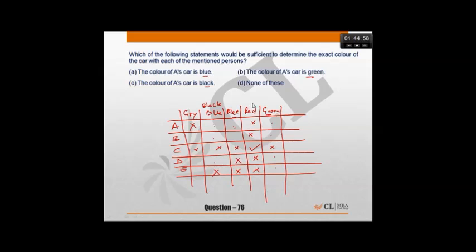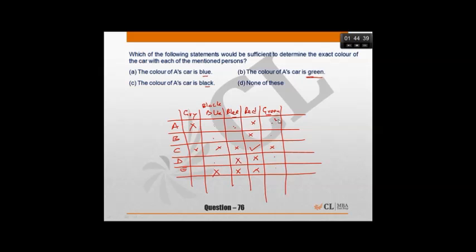So since green will give me the maximum blanks filled up, let me check green first.